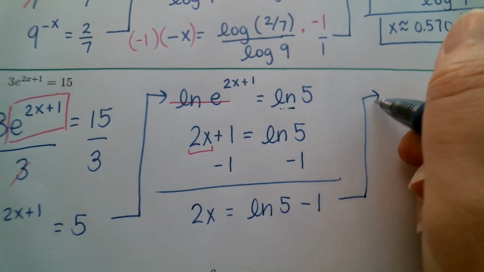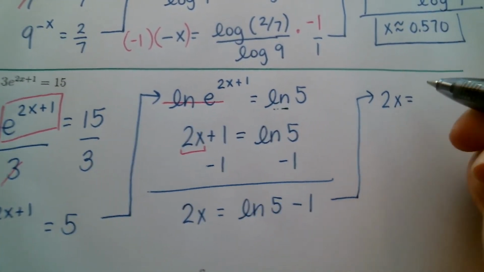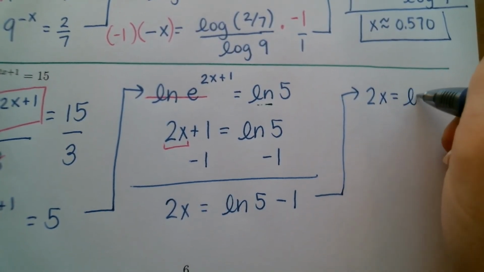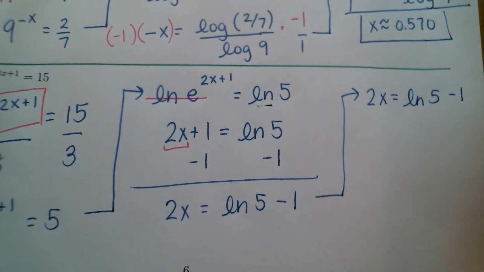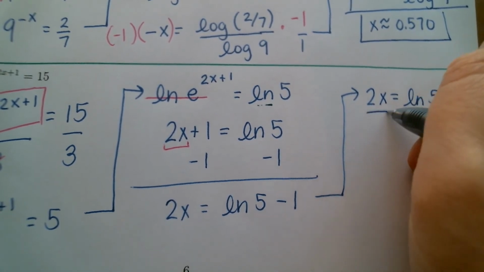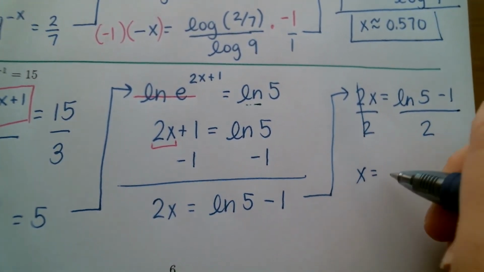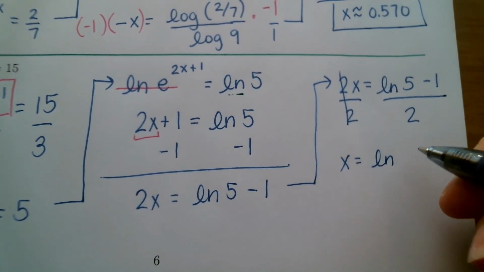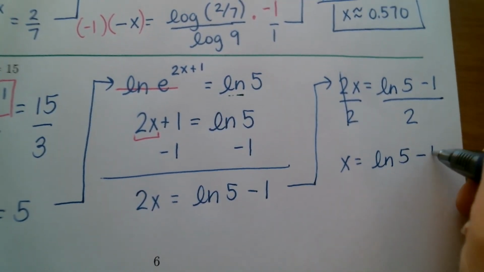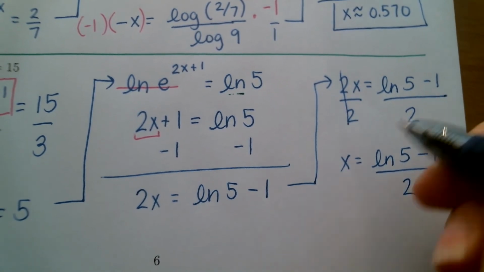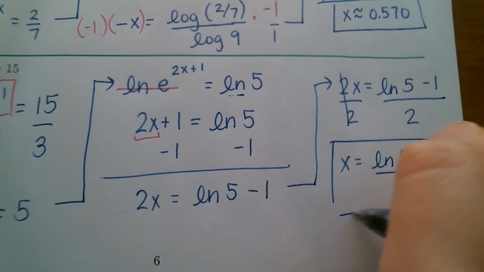So I'll rewrite it just so it's clear if you're going back through this. 2x is the natural log of 5, that quantity minus 1. Then you divide both sides by 2. So x is the natural log of 5, minus 1, all divided by 2. There's your exact answer.